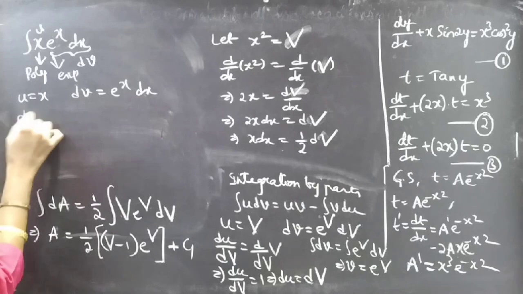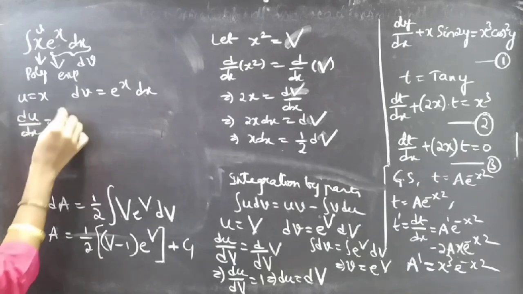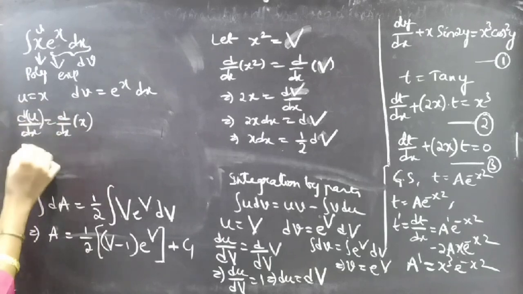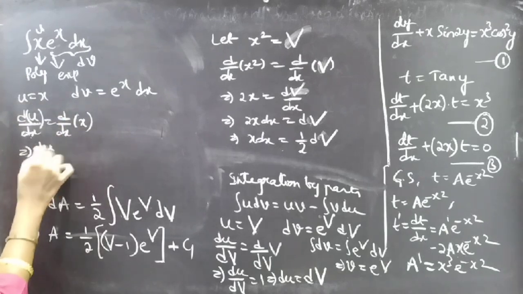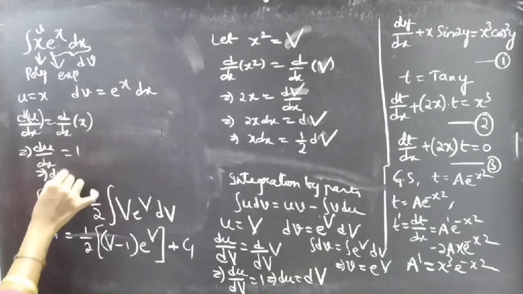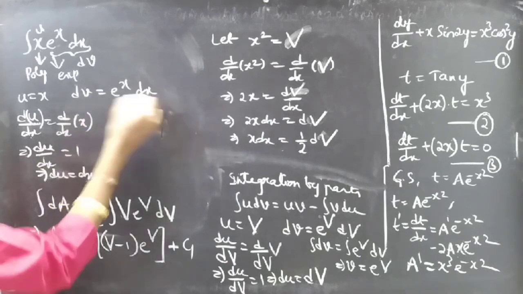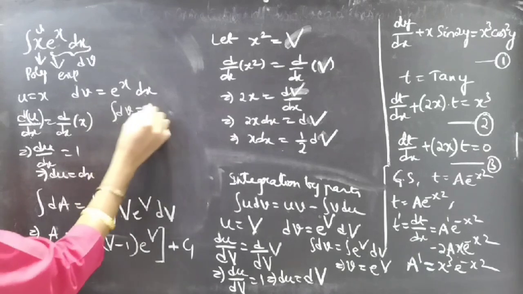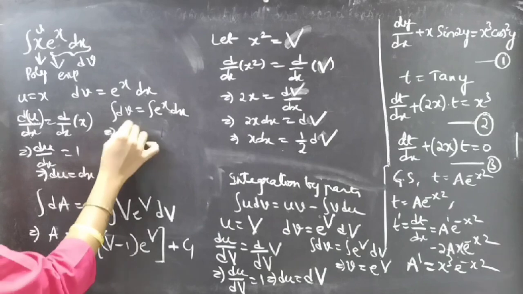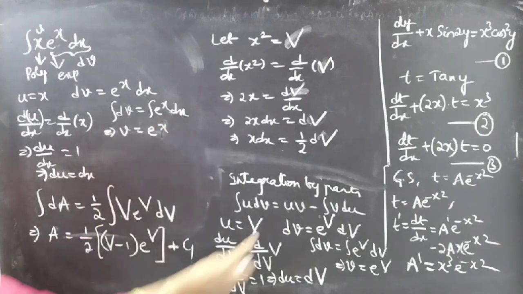Here we'll differentiate on both sides with respect to x. Then we'll get du by dx equals derivative of x with respect to x, which is 1. From this we'll get du equal to dx. Here integrate on both sides and we'll get integral dv equal to integral e power x dx. From this we'll get v equal to e power x. Now we can apply this formula.